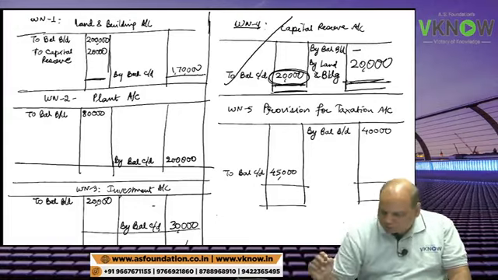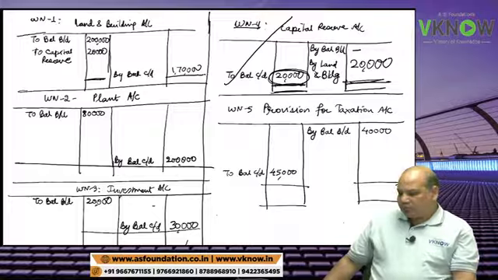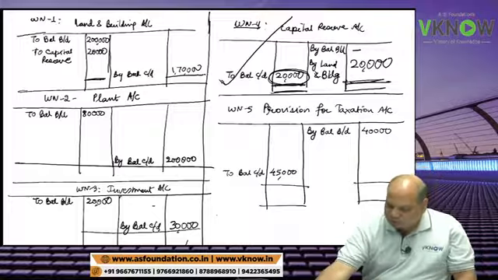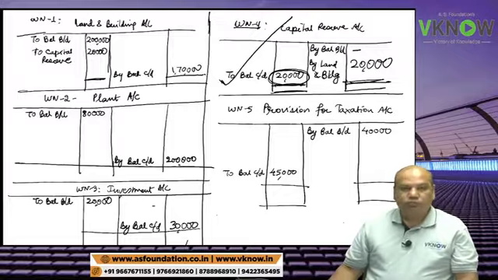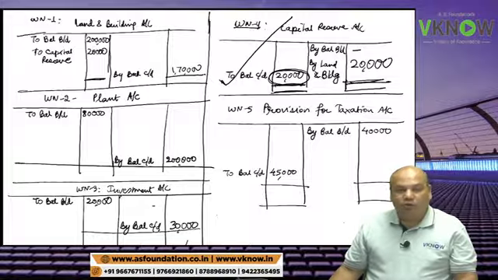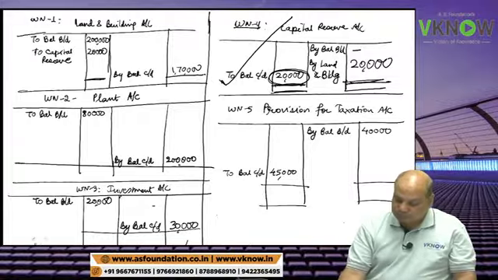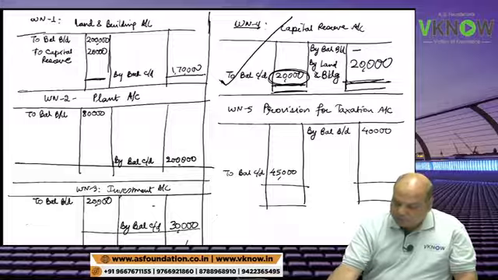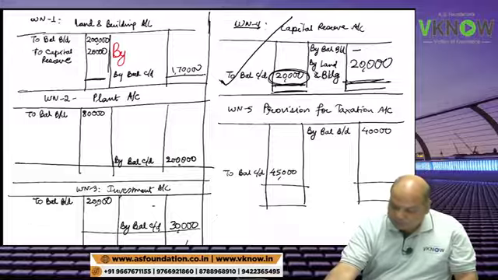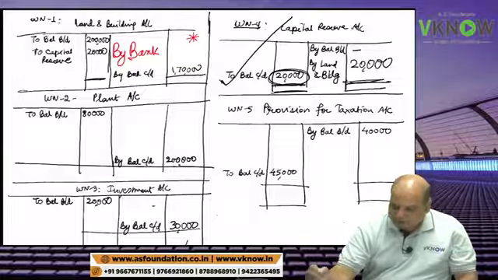So this account got tallied. So working note 4 is telling. But if you come to land and building account, it is not telling. The balancing figure here is by bank, by cash and bank.